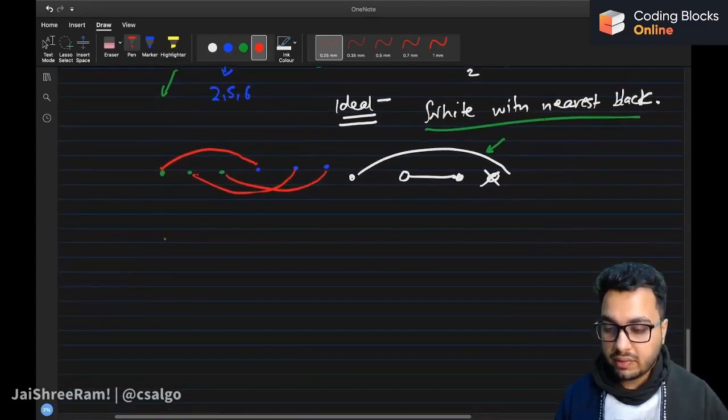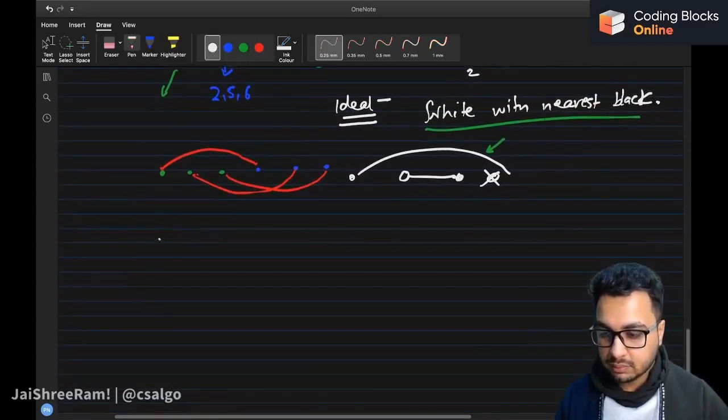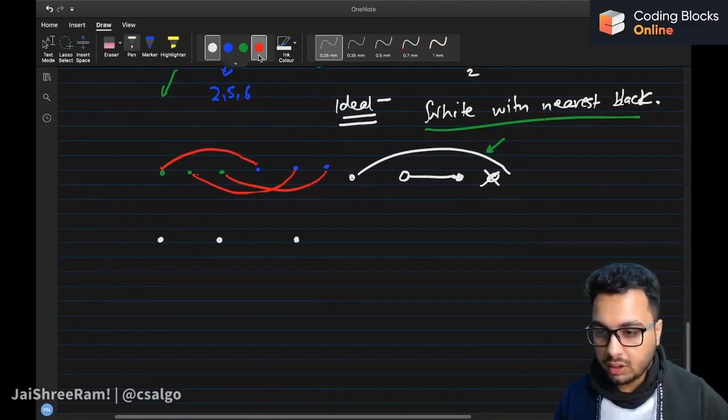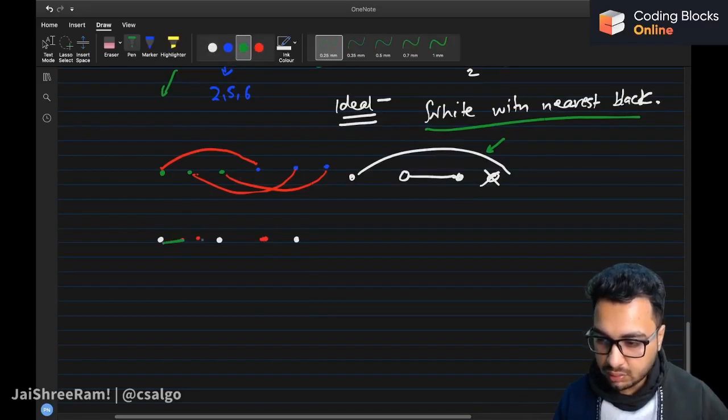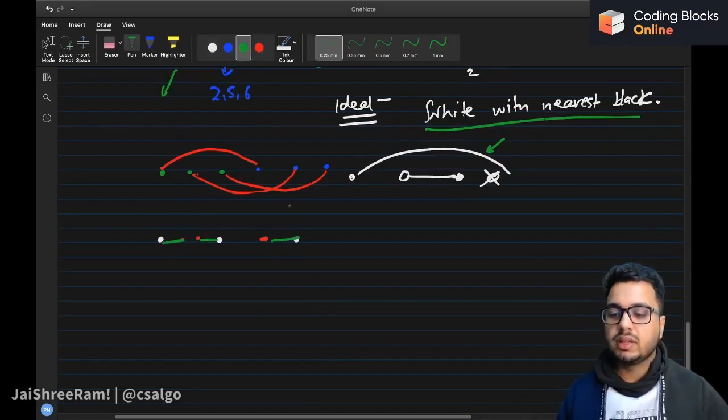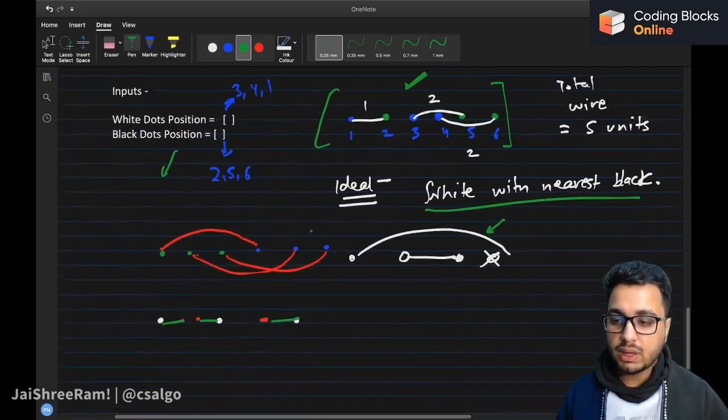Or if I have something like the alternate ones, let's say I have two dots here and I have one dot here, then also you will see that if you connect these two and these two, they will give you the minimum length of the wire.